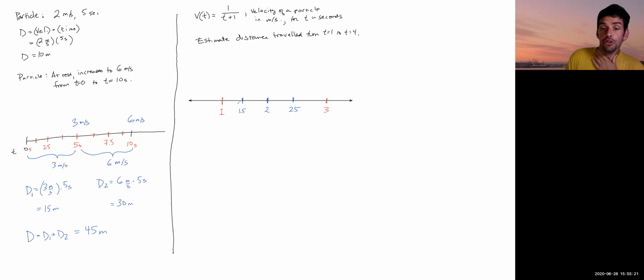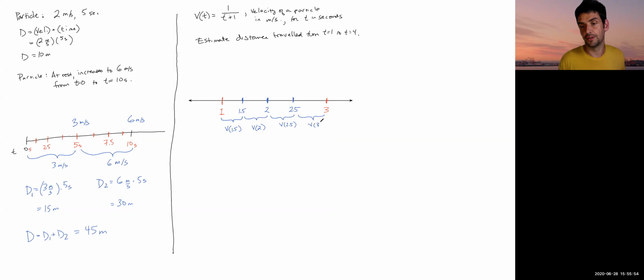Remember what we did over here. I'm going to pretend that at each interval it's traveling at the speed during that whole interval that it was traveling at the end of the interval. In other words, for this interval here, I'm going to pretend its speed was v of 1.5. For this interval, v of 2, v of 2.5, and v of 3.